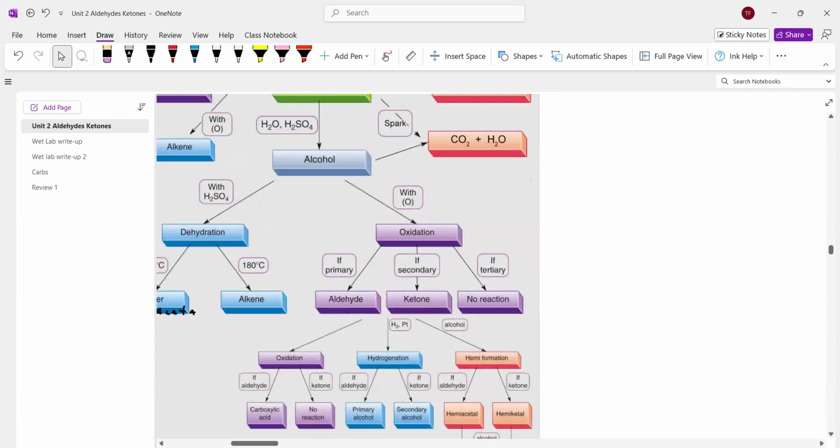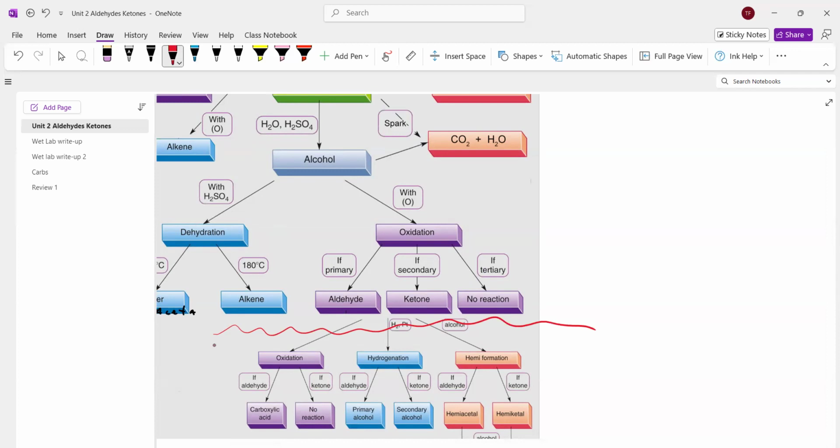Okay, so above that squiggly line is basically unit 1, unit 2 is basically below the line.